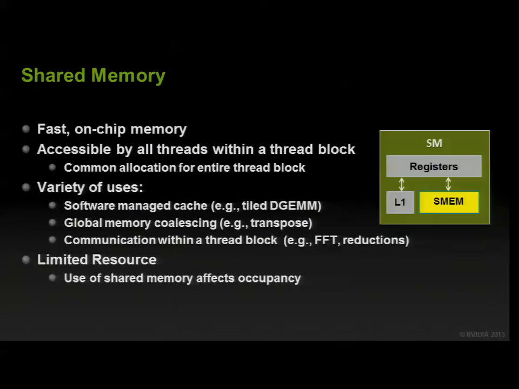It is actually part of the L1 cache, so it's the same hardware as our L1 cache, and there are mechanisms of increasing the L1 cache at the expense of a reduced shared memory.